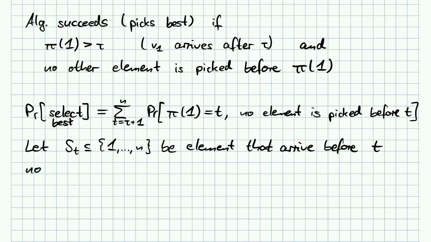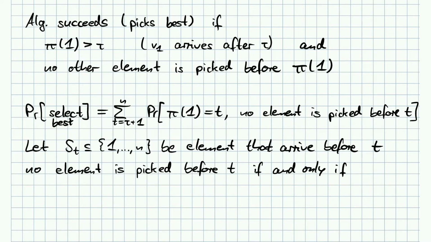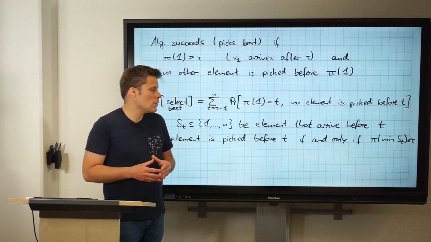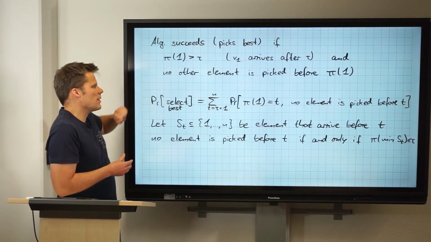And no element is picked before t if and only if, now this is maybe a little mysterious how I'm writing this, I'll tell you in a second why this is true, if and only if the position at which the minimum of the ST arrives is at most tau. Let's slow down here. Maybe we should once again convince ourselves why this is true.